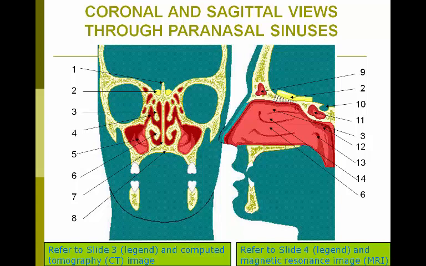Number 3 is pointing to the superior nasal concha. 14 is the middle nasal concha, and number 6 is the inferior nasal concha. Number 12 is pointing to the nasopharynx in the region of the adenoids or pharyngeal tonsils. 13 is showing where the eustachian tubes or auditory tubes open into the nasopharynx.